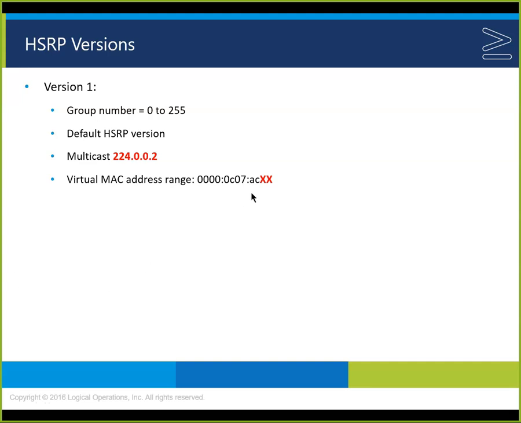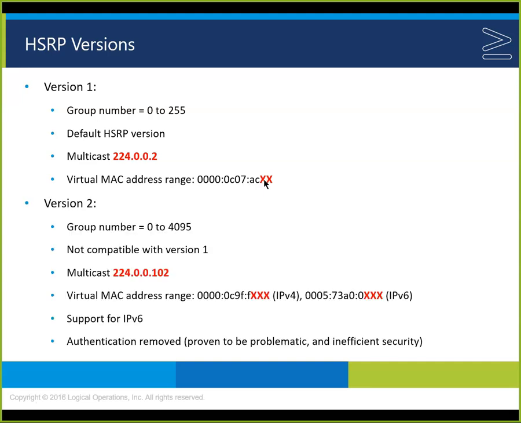This is one I've seen on test banks at least. It'll ask you what the last 2 digits mean, and it's going to be 0000.0C07.ACXX, and C's show up an awful lot in Cisco MAC addresses. The XX is the HSRP group number.